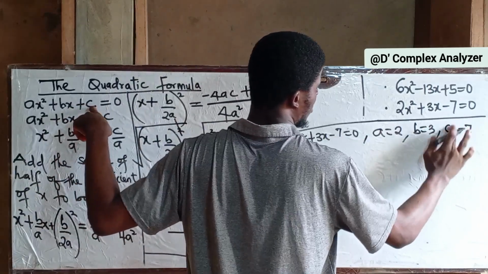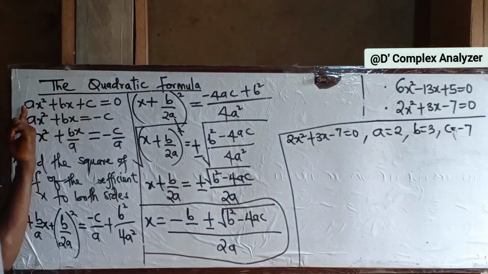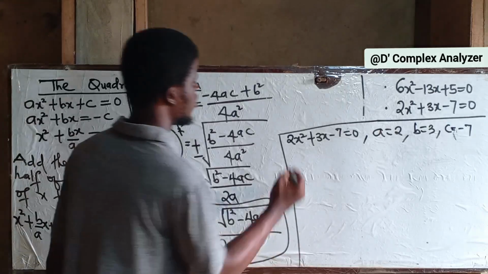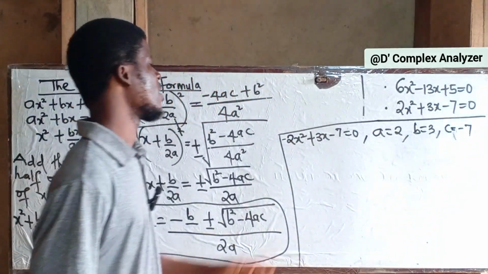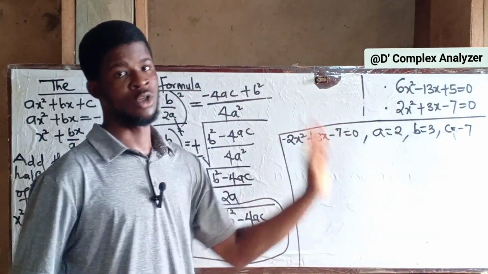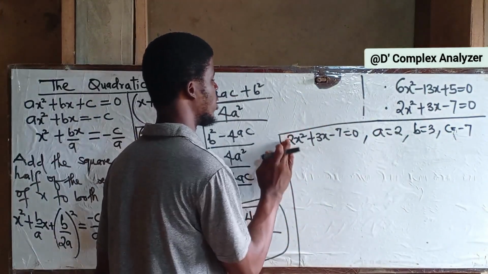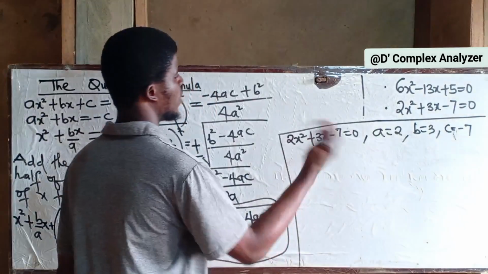Always attach the sign to it. But take note, if there is a negative sign attached to the a here, let's say for example we had minus 2, we must remove that minus first by dividing all through by minus 1 or multiplying through by minus 1. So this minus sign attached to the x squared term must be eliminated. That's the point.